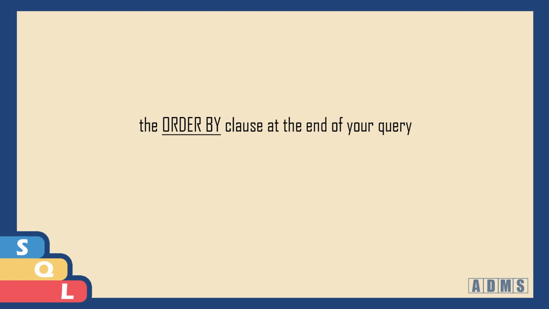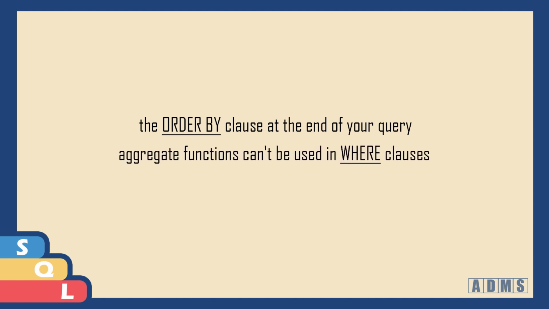You can't sort values that you haven't calculated yet. And in SQL, aggregate functions cannot be used in where clauses. This means if you want to filter based on the result of an aggregate function, you need another way, and that's where the having clause comes in.